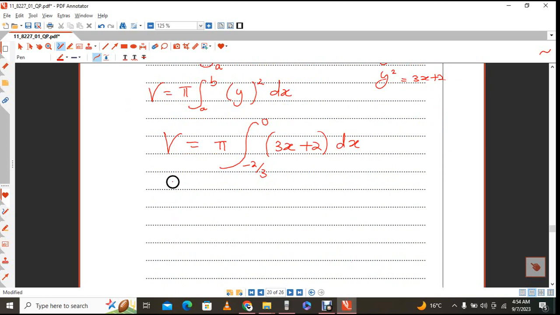You don't have to put plus c when you integrate because the c's will cancel anyway. So when we integrate, adding 1 there, we are going to have 3x squared over 2 plus 2x, from negative 2 over 3 to 0.